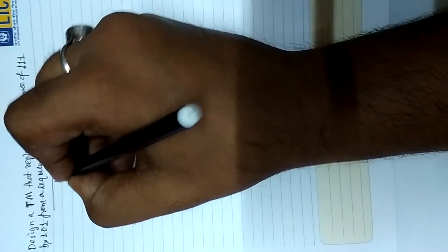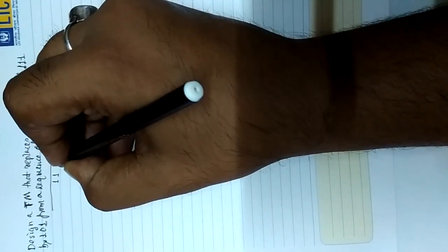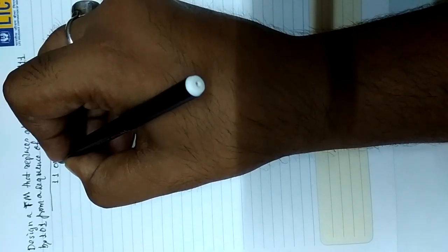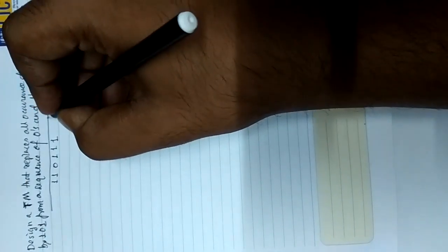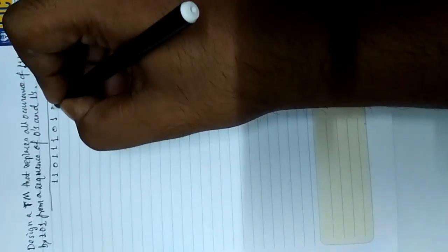So let us take a first tape. Let us say I take a tape in this format: 1 1 0, then 1 1 1, then again 0, then 1, then blanks on both sides.